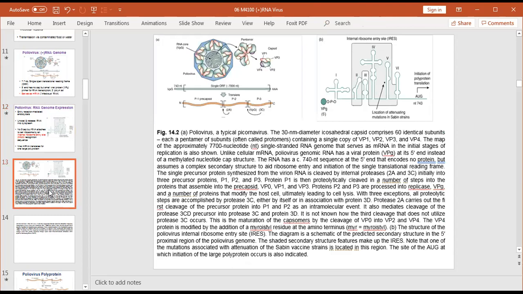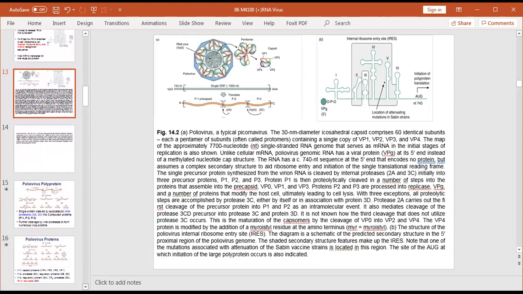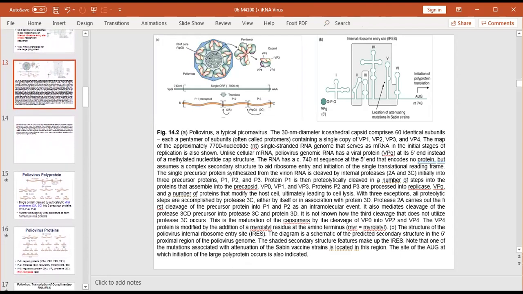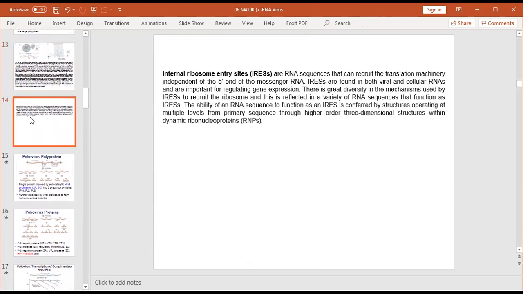Slide number 13 is a more detailed and technical description of the poliovirus, which is a typical picornavirus. Slide number 14, for those of you who may have forgotten about IRES from previous courses, I guess we covered that during microbial genetics.